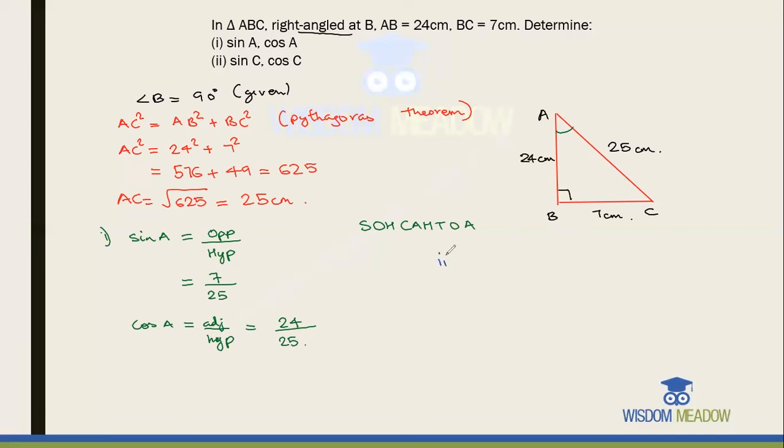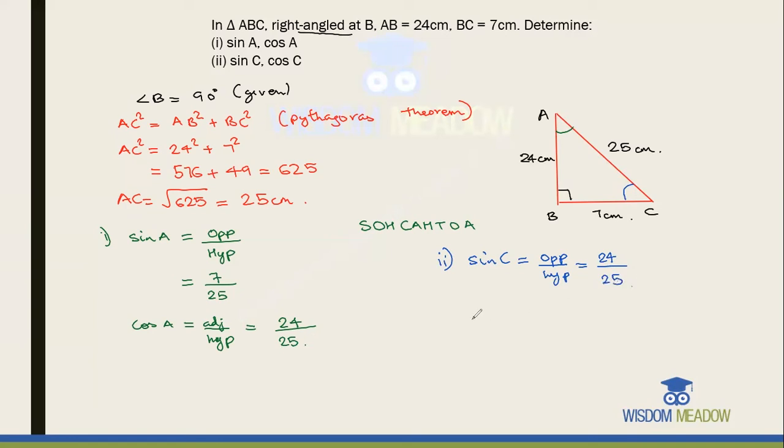Now to solve for the second part, sine C. So this time the angle to be considered is angle C. So when I consider angle C, sine, we know the formula, opposite over hypotenuse. So opposite of angle C is going to be 24 over hypotenuse, which is opposite to 90 degree, 25.